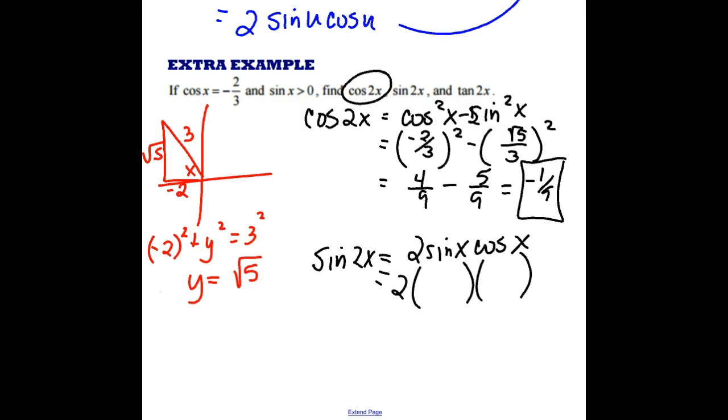Sine of x was, thank you. Cosine was, okay. What does that simplify to be? Negative 4 root 5 over 9.